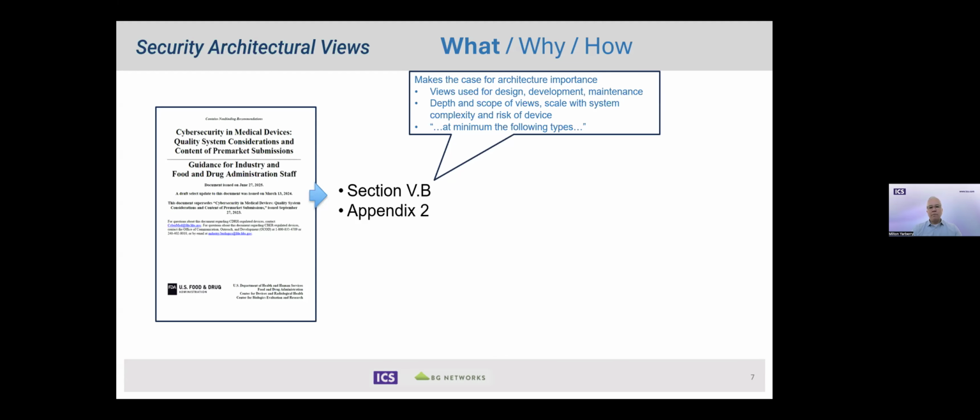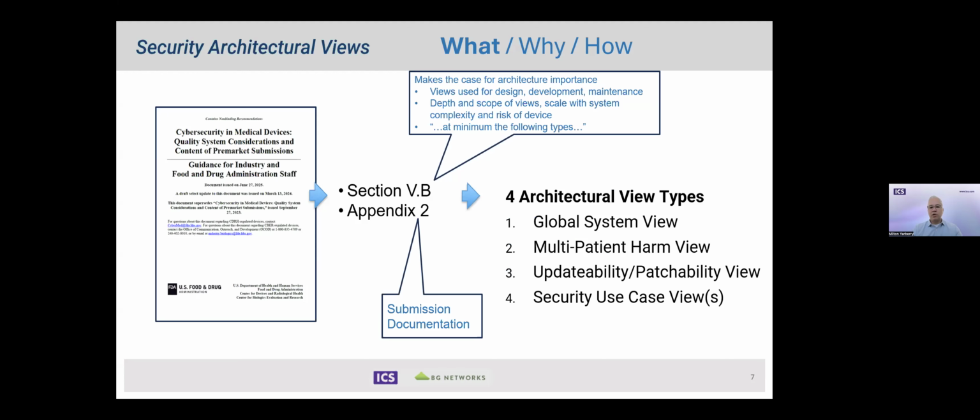When I went back and looked at the actual wording, I always thought of this as, well, you're just supposed to do four architectural views, but really what they say is that, at a minimum, the following types of views are recommended. And then the second section, Appendix 2, elaborates more on expectations around submission documentation. The four architectural view types, of course, are the global system view, multi-patient harm view, updatability and patchability view, and security use case views.